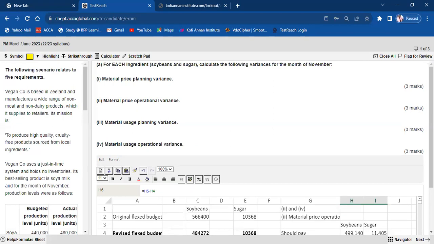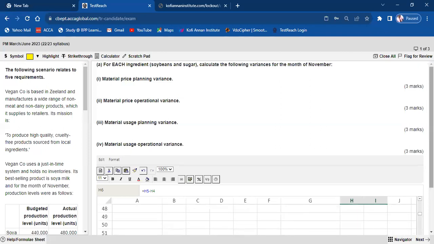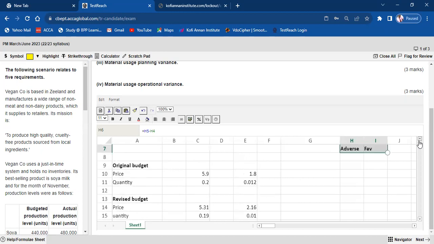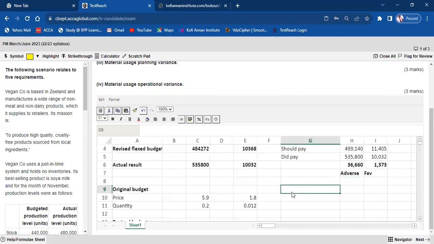Now let me do the material usage operational variances. For soybeans and sugar, I asked myself, what quantity should we use for what we did versus what quantity did we use for what we did?